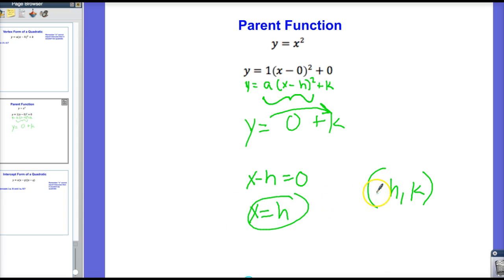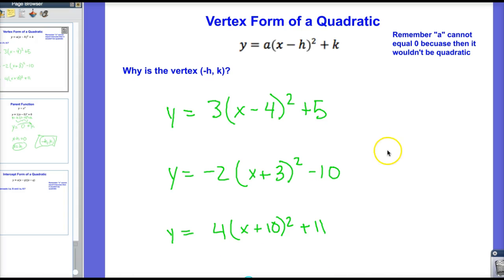Now I'll take the time and explain why I say negative h, k for the vertex, when all that math we just did seems to point at it being h, k, and you'll even see this around. The reason I say negative h, k instead is because I like to emphasize that every number has its sign, is either positive or negative. In this case, this is a plus 3. In this case, a minus 4.